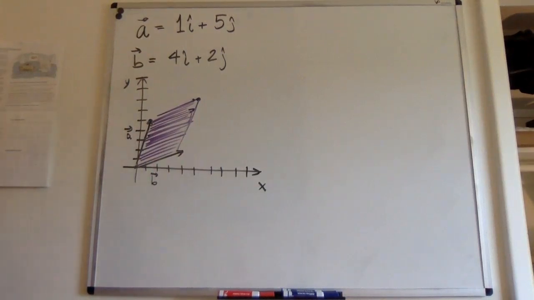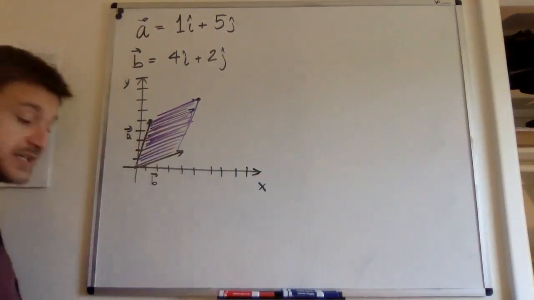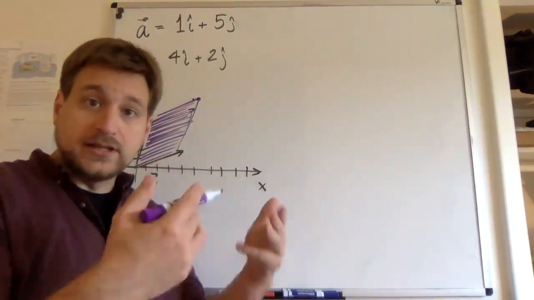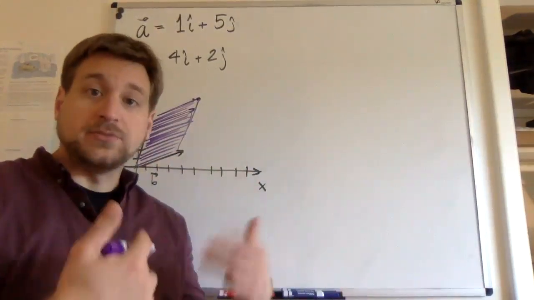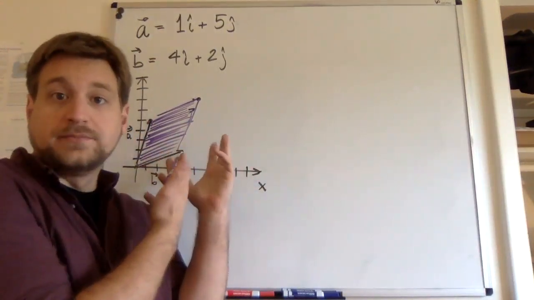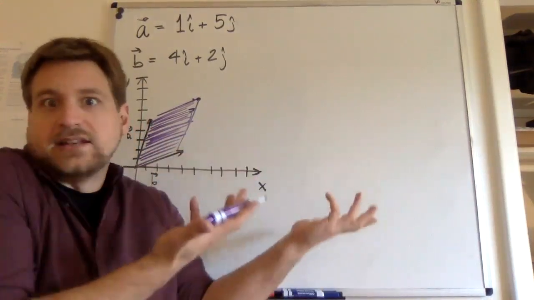What is the area of this parallelogram? Because remember, in normal 3 by 4, the area is the product. So if we want to multiply A and B, the area spanned by them is their product, at least as far as this kind of multiplication goes.